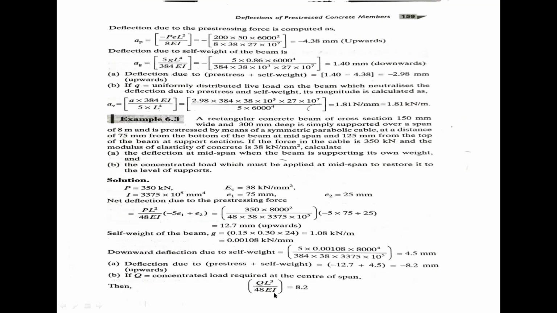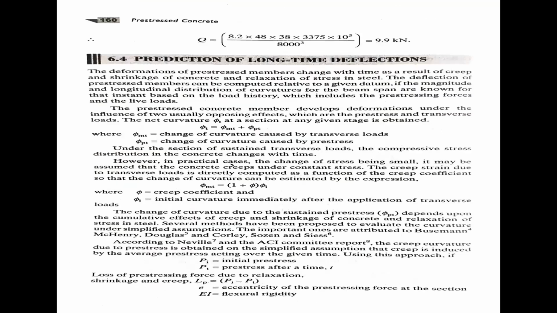This is for calculating the dead and live load, equating it to the deflection of 8.2. Finally, the live load is 8.2 into 48 into 38 into 3375 into 10 to the power of 5 divided by 8000 cubed, which equals 9.9 kilonewtons.